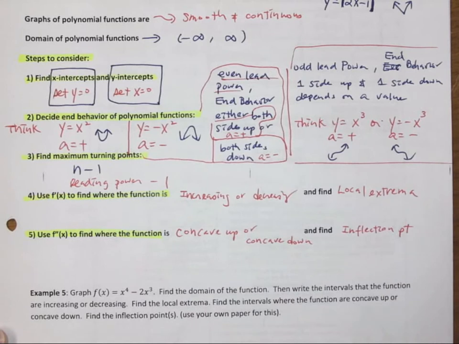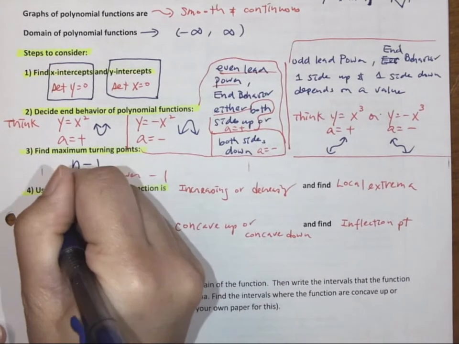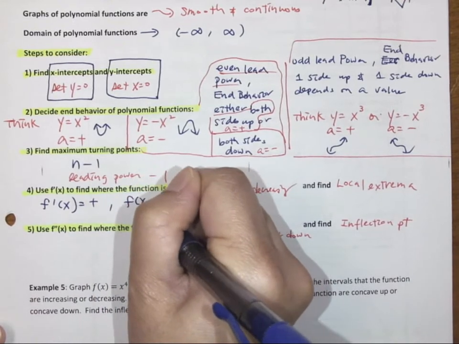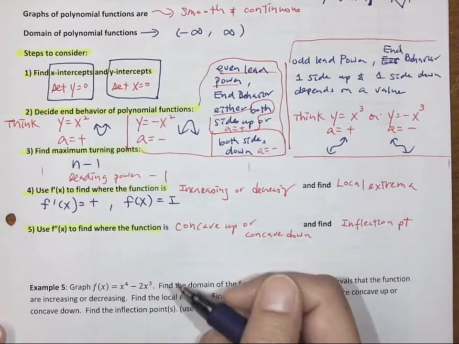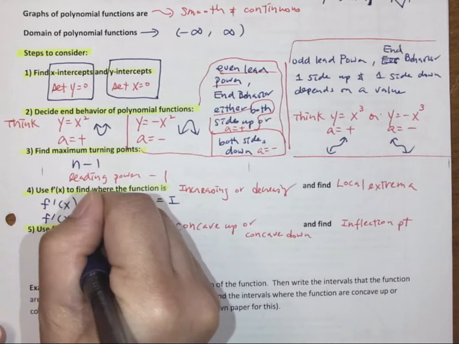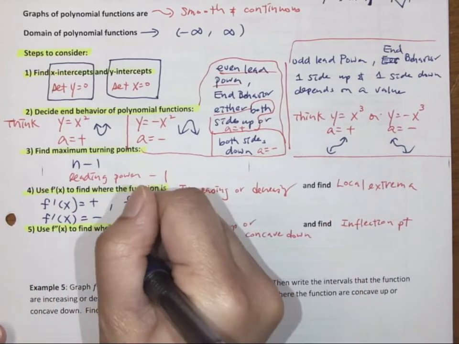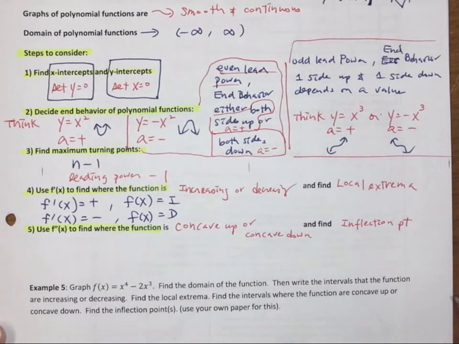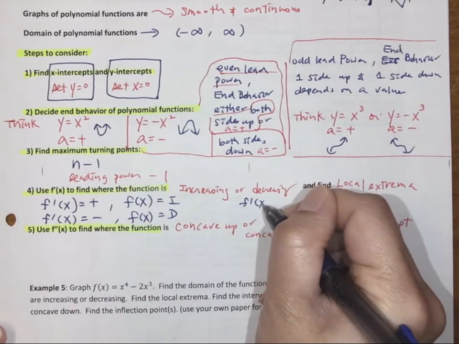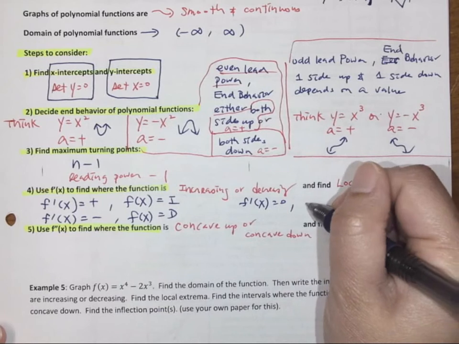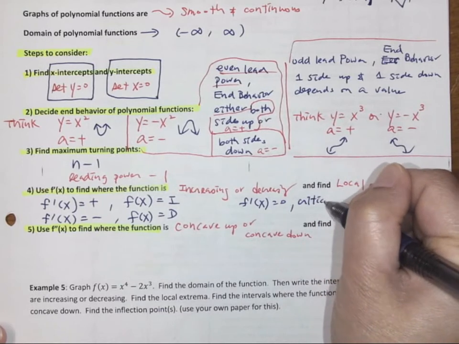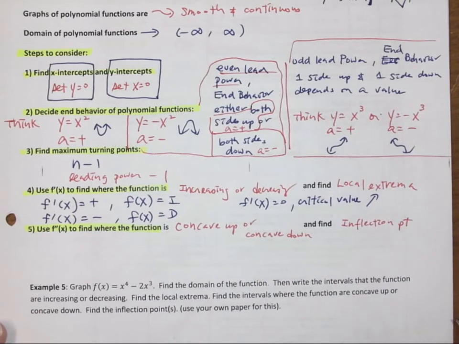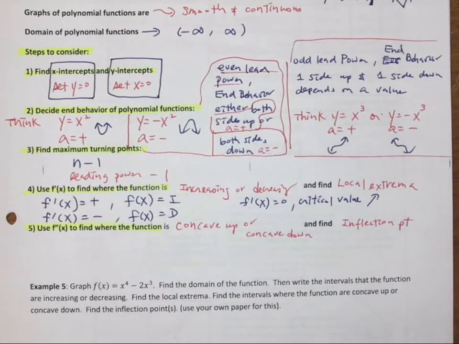Okay, so just a little bit more information. When you have the first derivative equal to positive, the function is increasing. When you have the first derivative equal to negative, then your function is decreasing. If it's equal to 0, that represents a critical point. Critical values sometimes will be related to whether it's a local maximum or minimum.